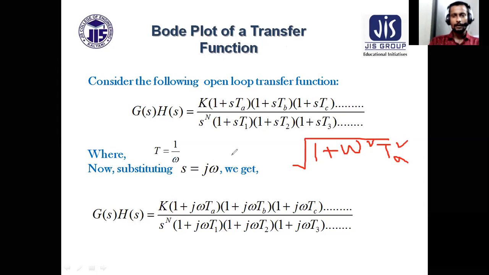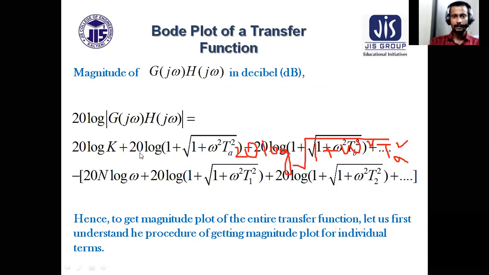Now, whenever it is to be expressed in terms of decibel, it should be 20 log. That means here it should be 20 log under root 1 plus omega square t square. Here we have put this one extra. This should not be there.